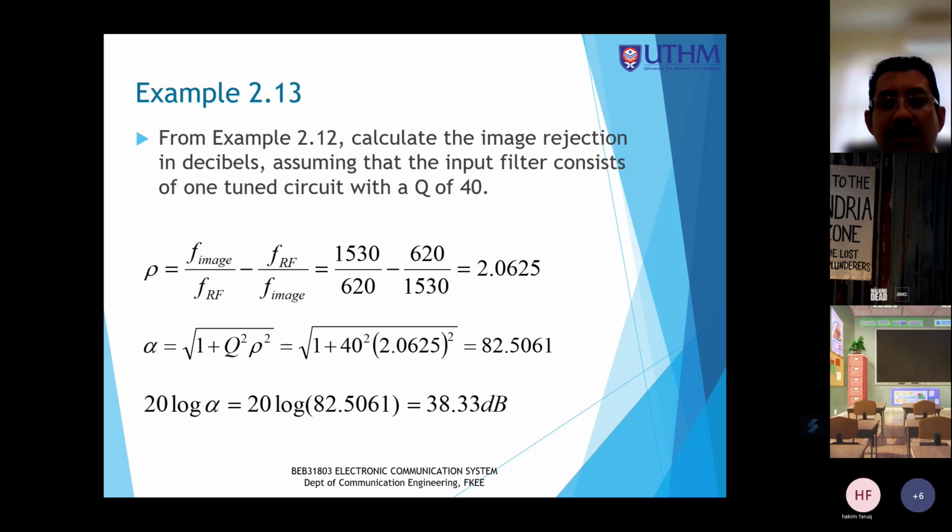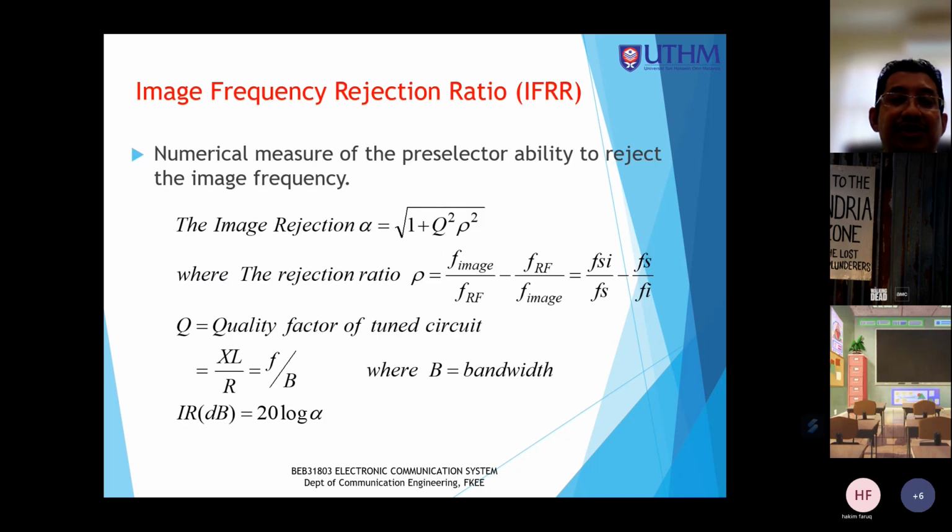Here we have the image rejection ratio. This describes the ability of the tuned circuit to reject the image, so we want the rejection to be as good as possible. The image rejection ratio alpha is equal to the square root of 1 plus Q square rho square.